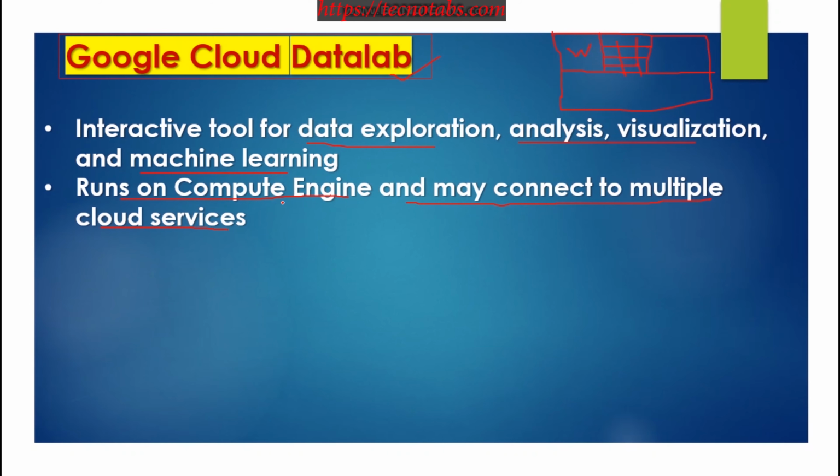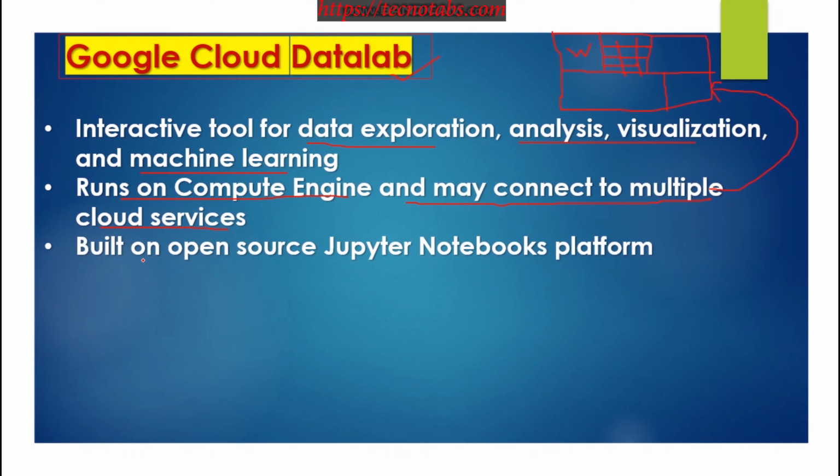So a dedicated Compute Engine is assigned to this Datalab, which will have its own VM, and it may connect to multiple cloud services, maybe database services or machine learning services. If you want to integrate it, you can directly integrate, and the metrics will be directly visible on this Datalab platform. Now, it's an open source project that is built on the Jupyter Notebook platform.